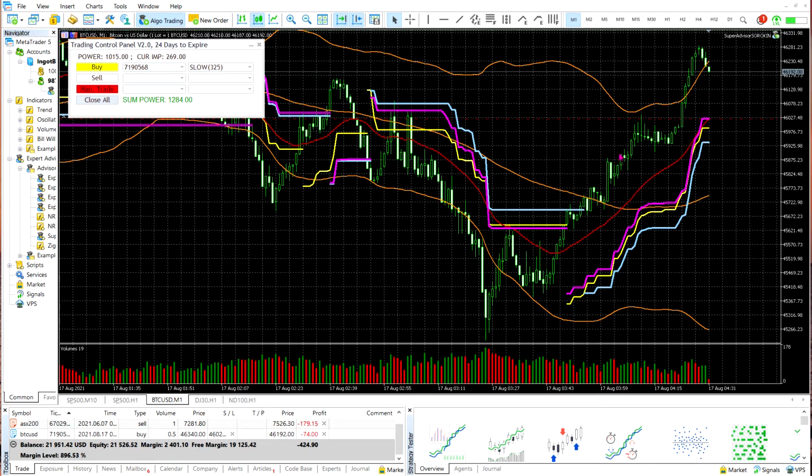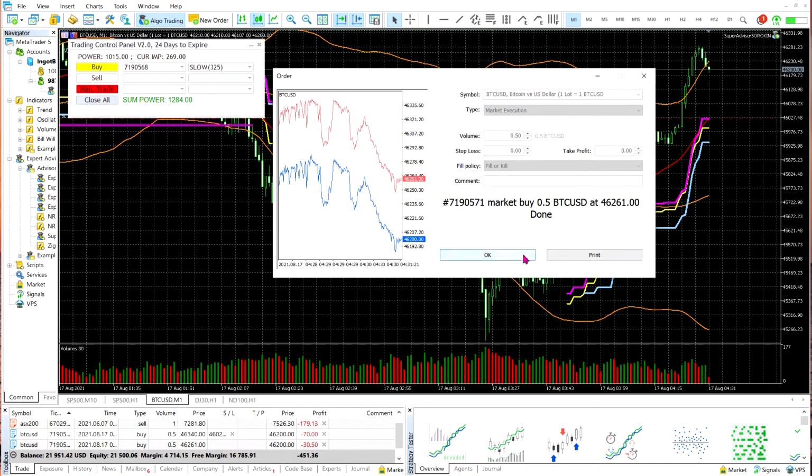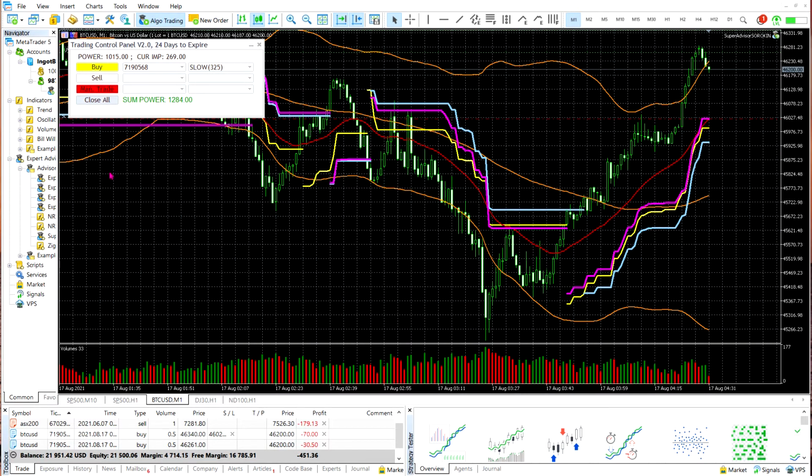We can open another position, for example, buy again. This is another position, and 71 is the latest one, it's always on the top. And set the logic according to the fastest line. So it is the fastest line.